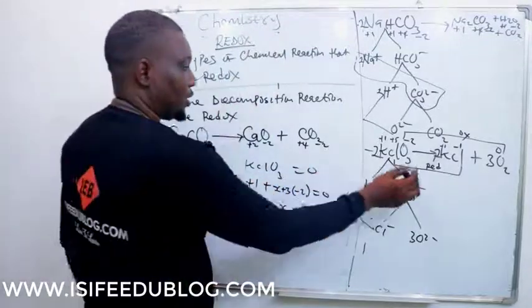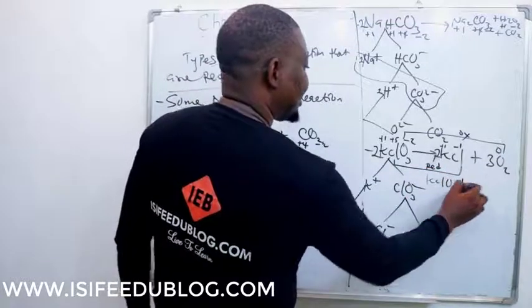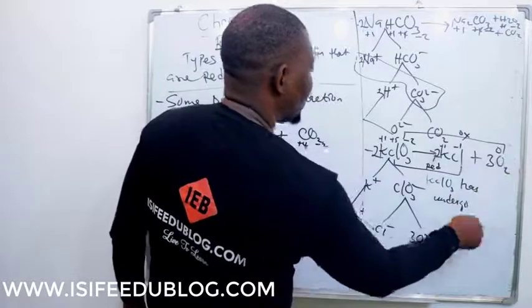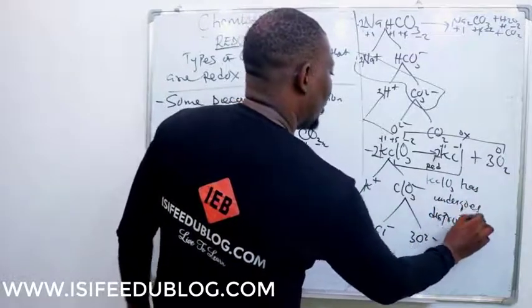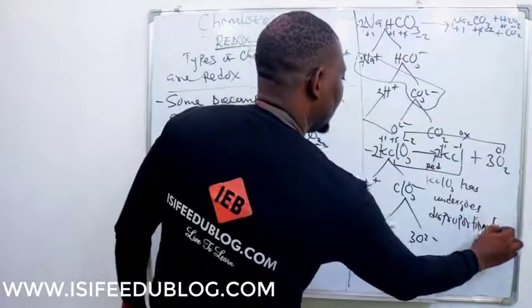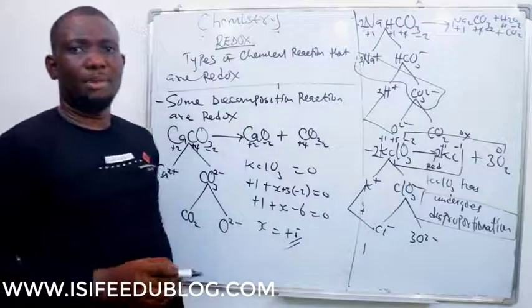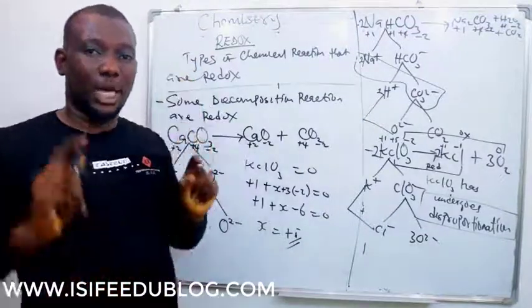So when you see this reaction, I can say that KClO3 undergoes disproportionation. What does this word mean? It means that the substance acts as both oxidizing and reducing agent.